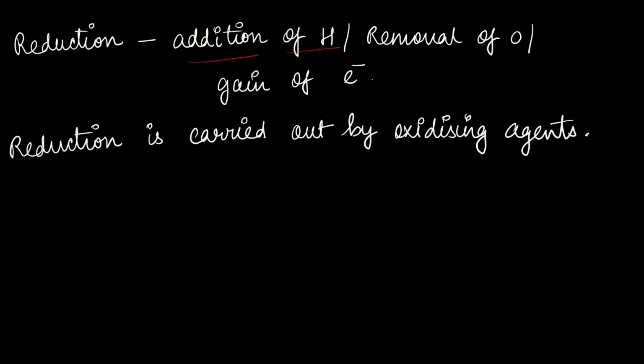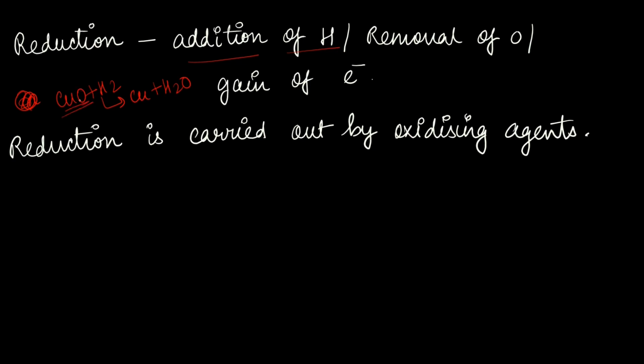So, addition of hydrogen in any process is reduction. For example, consider CuO plus H2 combines to form Cu plus H2O. See, in this reaction, both oxidation and reduction are taking place.